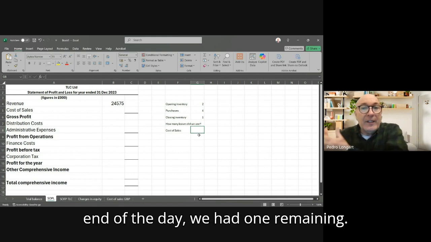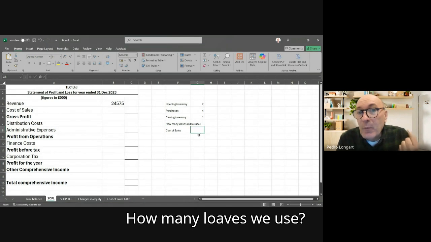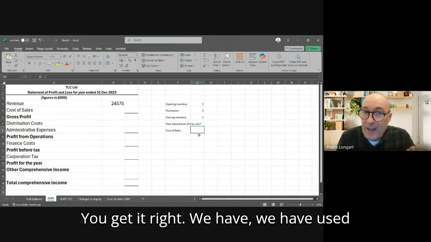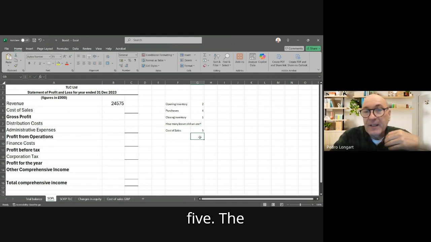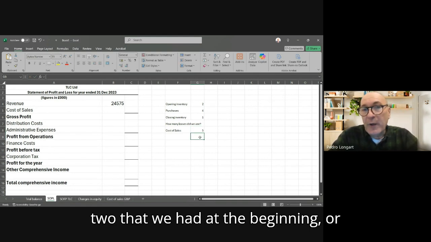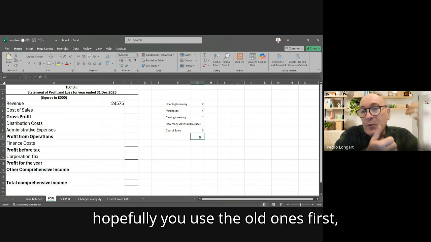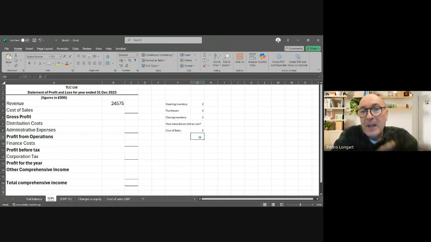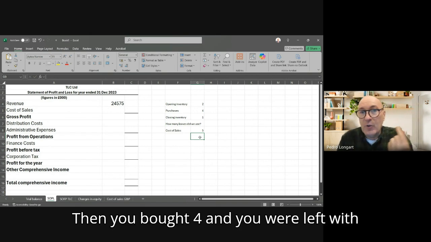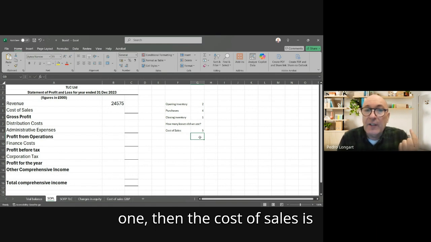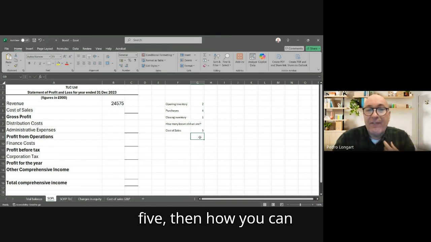At the end of the day, we had 1 remaining. How many loaves did we use? You get it right. We have used 5. The 2 that we had at the beginning, hopefully you used the old ones first, then you bought 4 and you were left with 1. Then the cost of sales is 5.